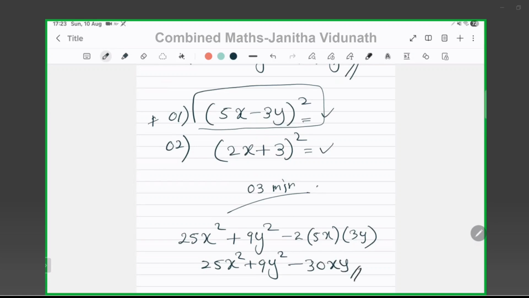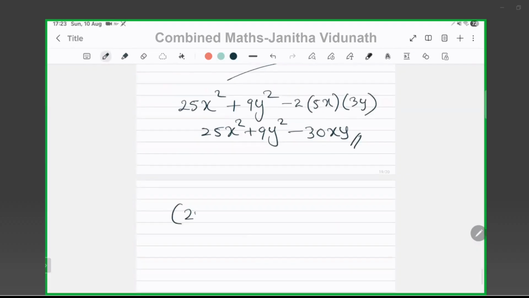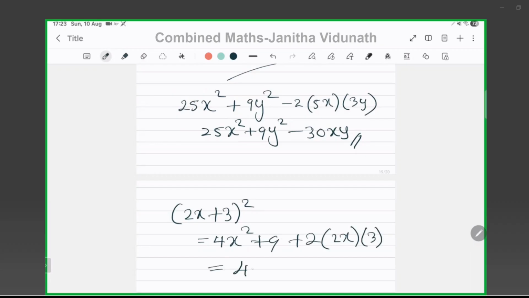Here, second one, (2x + 3) square, we get 4x square plus 9 plus 2 times 2x times 3. We'll get 4x square plus 9 plus 12x.